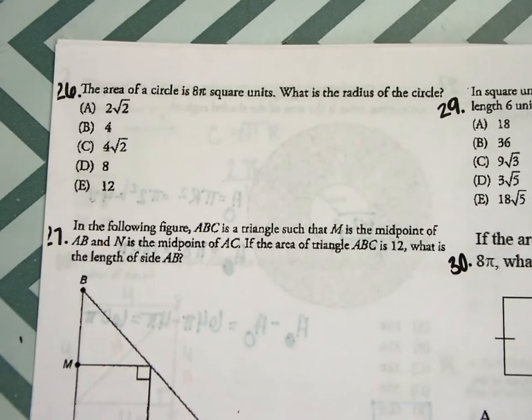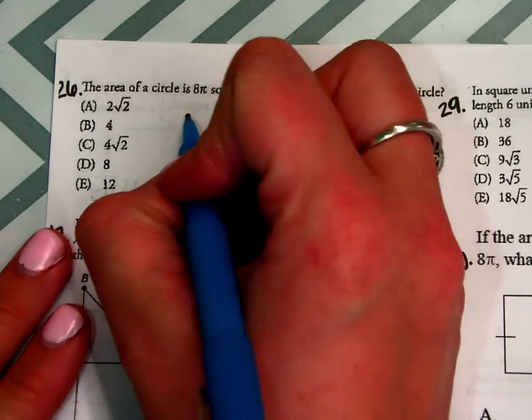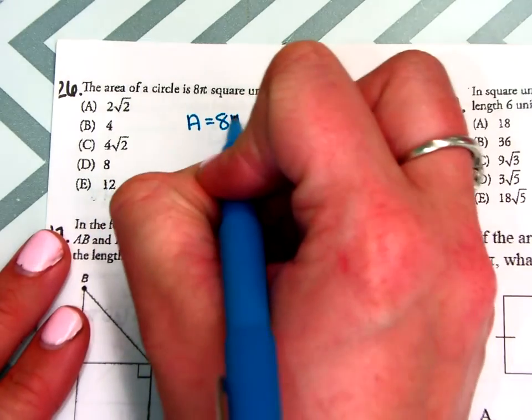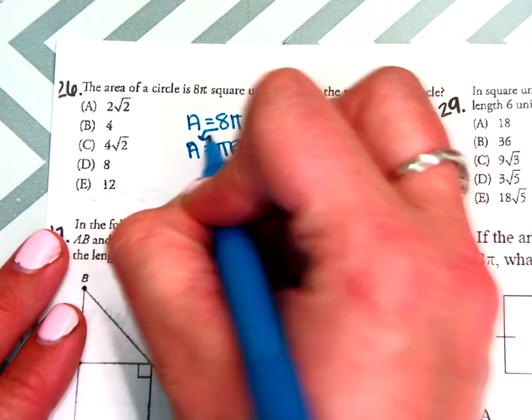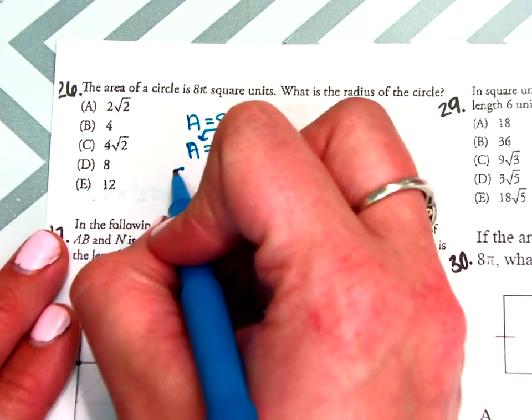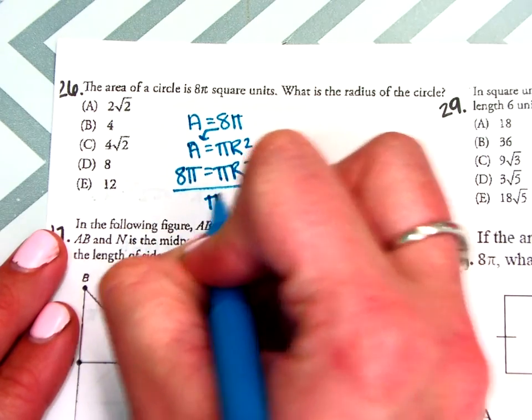Number 26. The area of a circle is 8 pi. What is the radius of the circle? So to do this problem, again, I'm going to write down the area formula. So area equals 8 pi, but the area is also equal to pi r squared, which means I'm going to sub it in here. So 8 pi equals pi r squared. Divide by pi.